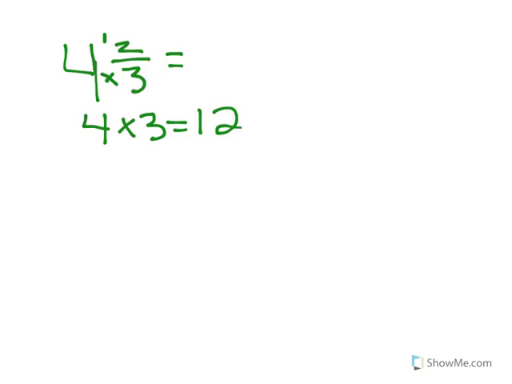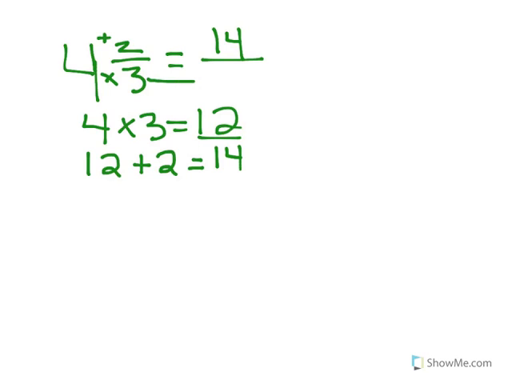And then you add your numerator. So 12 plus 2 gives me 14. So I have a numerator of 14. The 3 from the original mixed number slides over, and it still remains a 3.